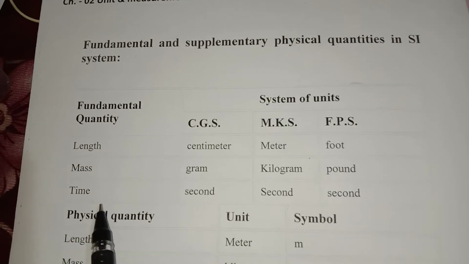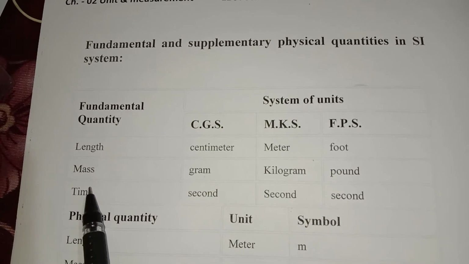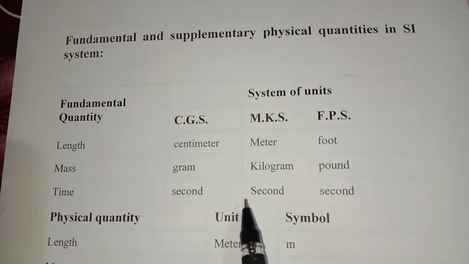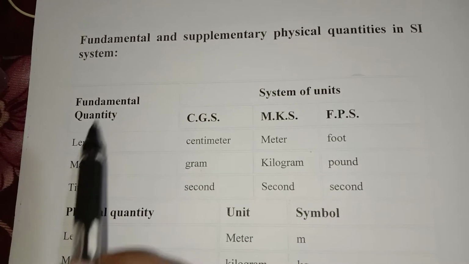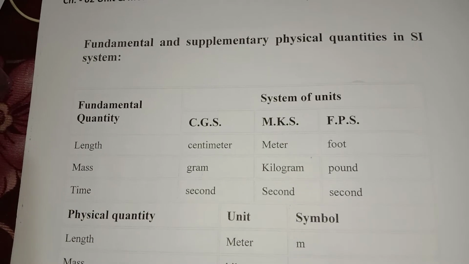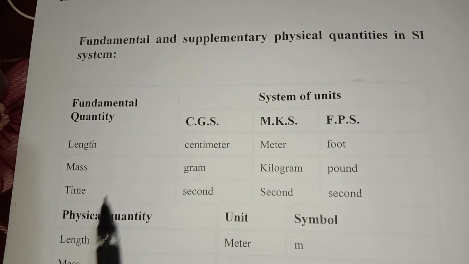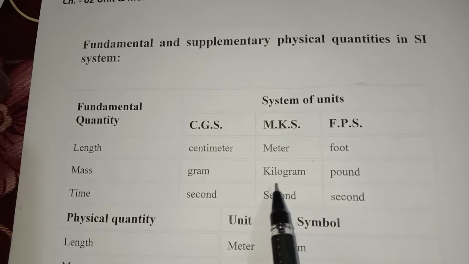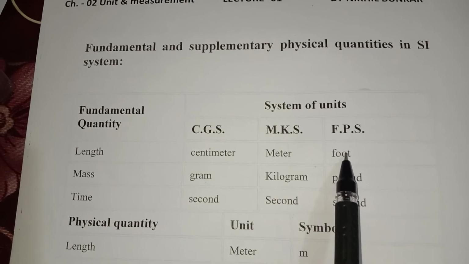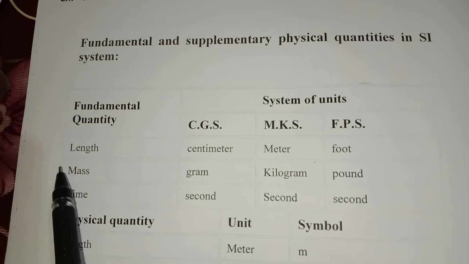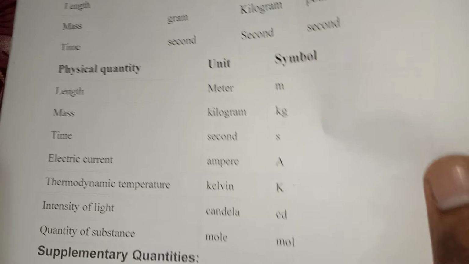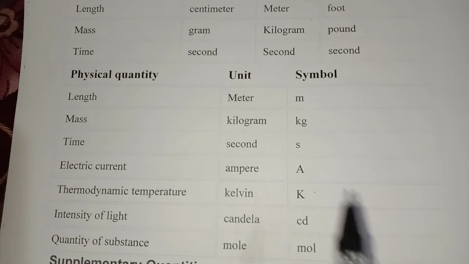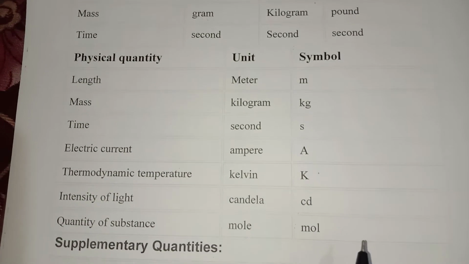As you can see here, the unit of the time physical quantity in every system of unit is the same, that is second. So this is all about the fundamental physical quantities and how we can measure them in different systems of units like CGS, MKS and FPS. And these are the examples of fundamental physical quantities. Now there are some more examples of physical quantities whose unit and symbol are represented here. So let us discuss.